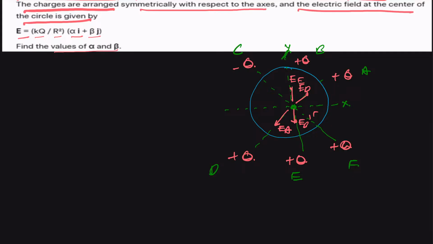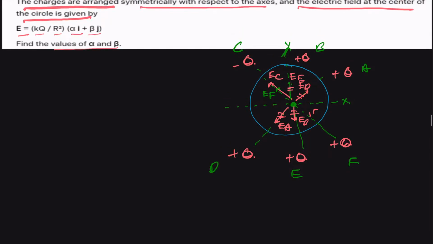So this is in the upward direction, this will be EC, and because of F it will also be in the same direction, that is EF. So all the other electric fields are going to balance out each other. Only EF and EC are in the same direction, so simply we can add them.